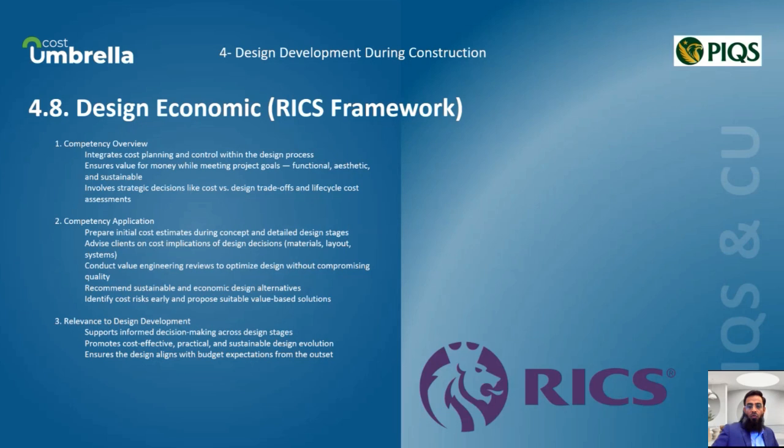In practice, we prepare element cost plans, engage in value engineering sessions, and flag cost risks early. This results in better-informed designs that are affordable, practical, and sustainable. In terms of RIBA, this competency is most closely aligned with Stages 2 to 4.